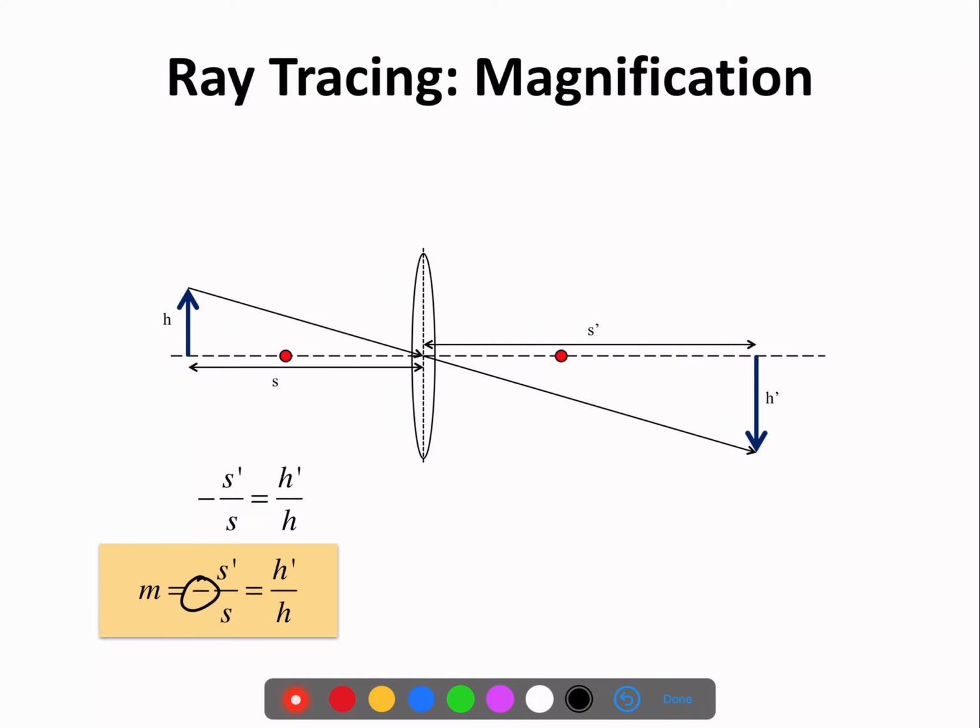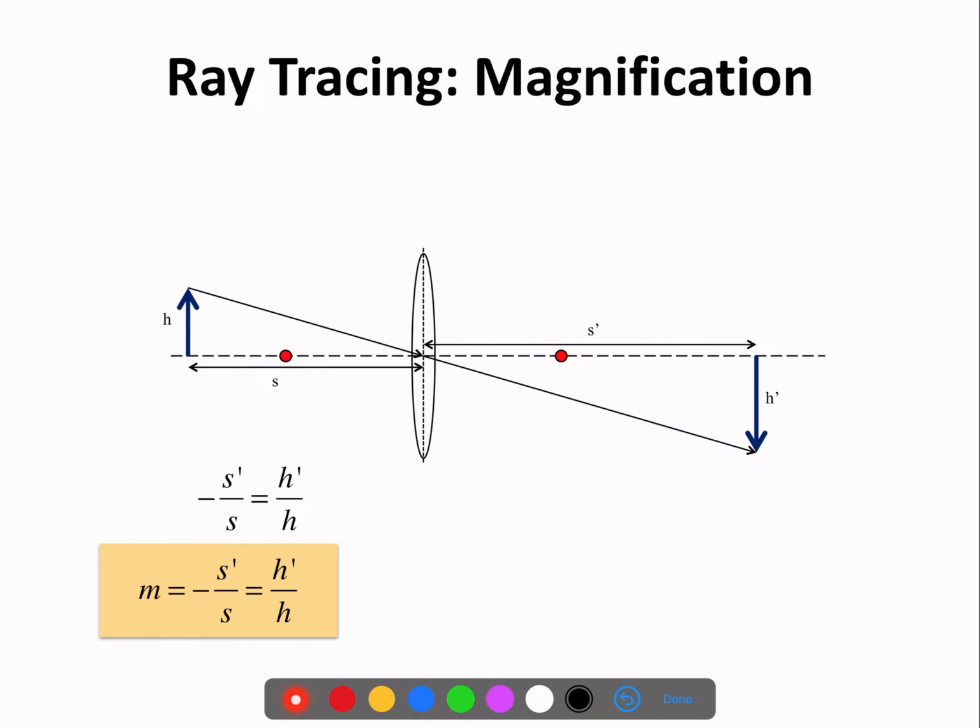Now, you'll notice magnification is really just how does this compare to this. So you're going to say, okay, this part makes sense because we want to know how this arrow compares to this arrow, but why would we care about this S prime over S?